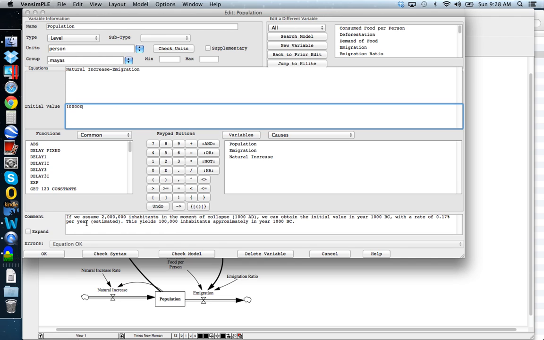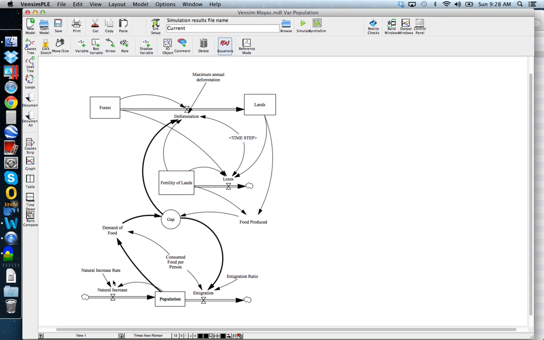So if you backtrack that to the year 1000 BC, this gives you about 100,000 people to start with. Okay, so that's the initial condition. Time is 1,000 years BC, 100,000 people. With this growth rate, this will take us to about 2 million people 2,000 years later, 1000 AD. All right, so that's the population stock.